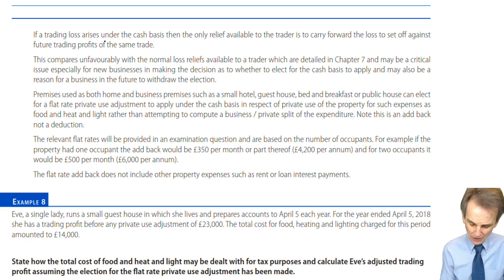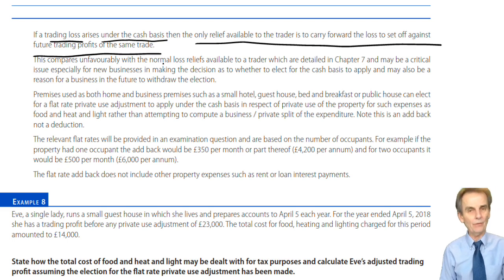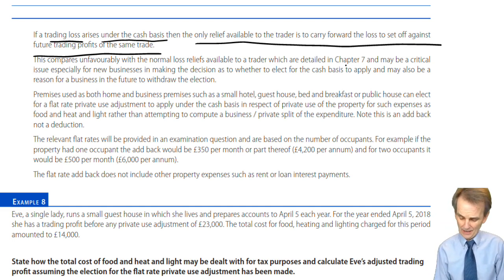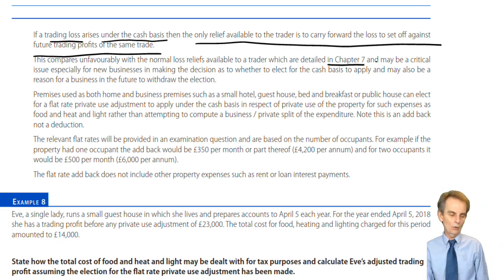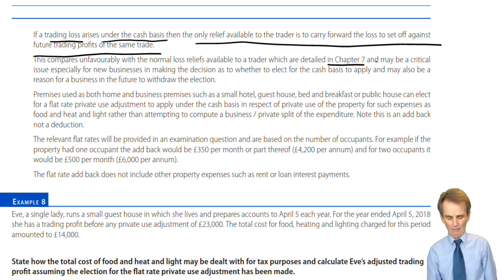If you had a trading loss under the cash basis, then there's only one relief available for the trader: to carry it forward to set off against the future trading profits of the same trade. Now, we've not yet dealt with the loss reliefs available when you use the normal accruals basis. They are detailed in Chapter 7, but they are rather more wide, rather more varied, rather more generous than just carrying it forward.